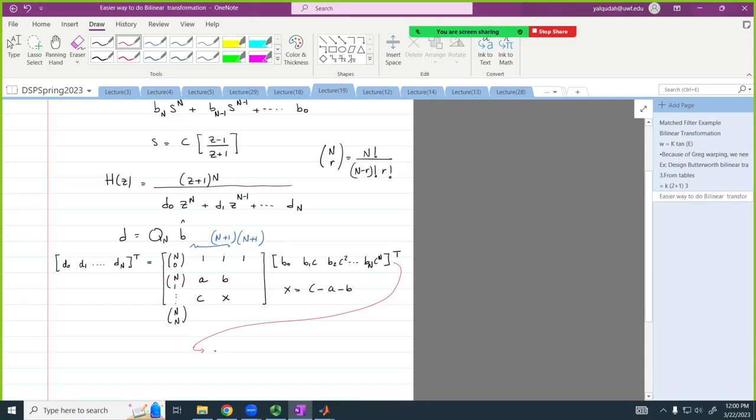If h of s is unnormalized, then C is equal to 2 over T. If h of Sc of S is normalized, then C is equal to 2 over T multiplied by 1 over omega C hat.